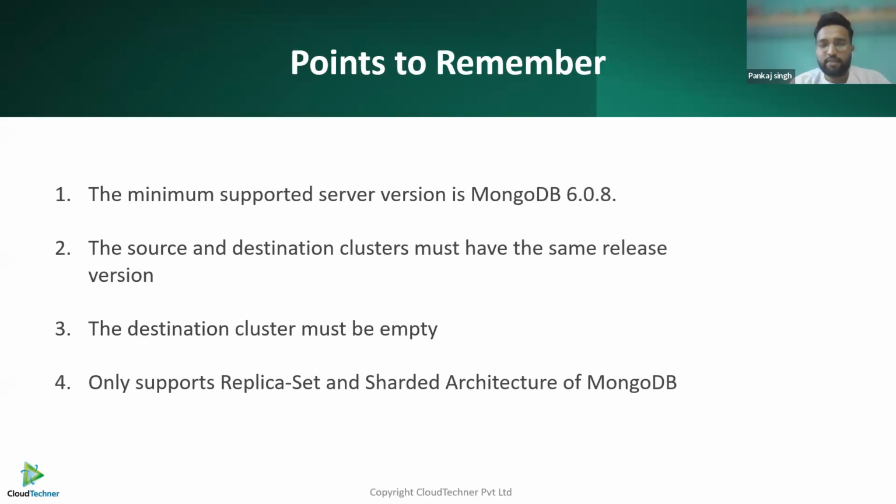When syncing from source to destination cluster, we should keep in mind the destination cluster must be empty. And Mongosync only supports two types of architecture: one is a replica set and one is a sharded architecture.